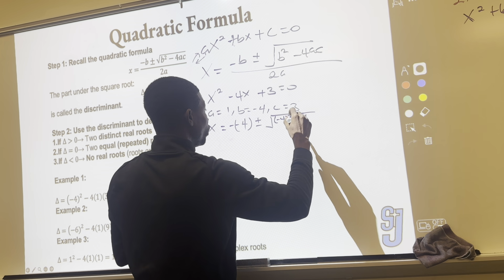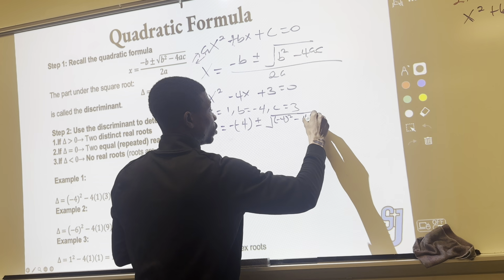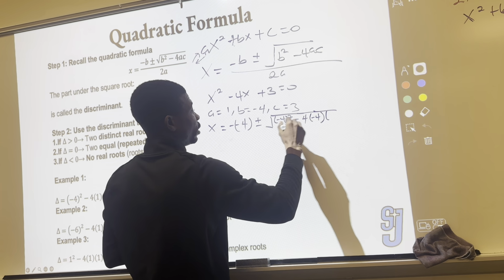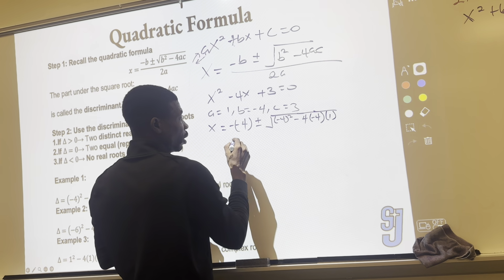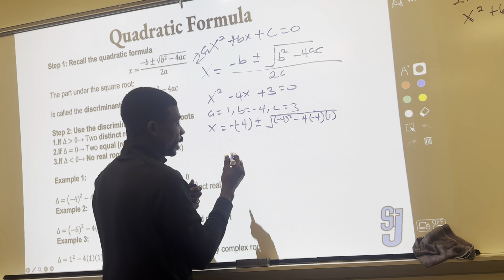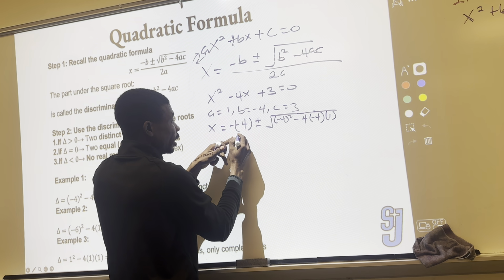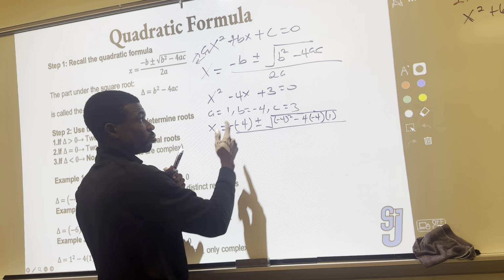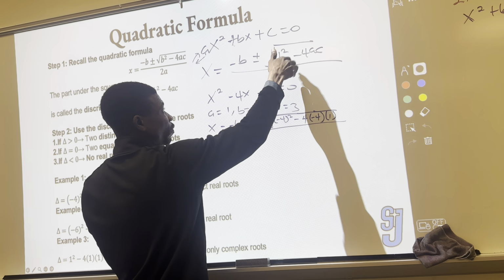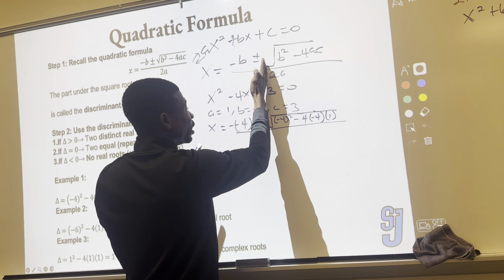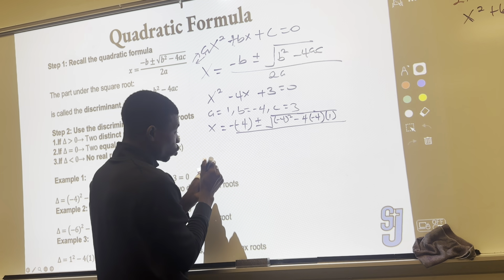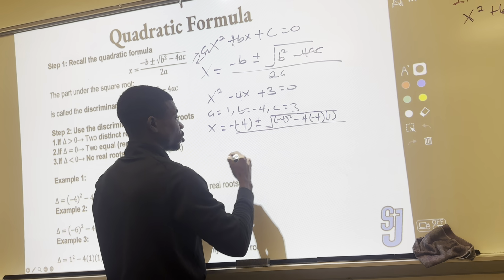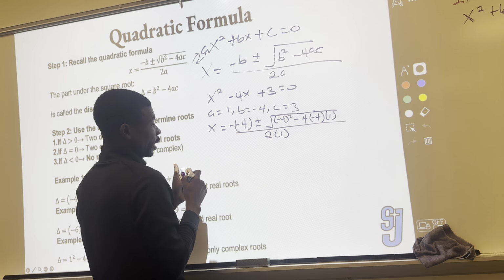Now, most of us make the mistake of putting the 2a only under the root. This 2a is for everything on the right side, not just the one under the root. It's wrong to put it just there. You always have to show that it's for everything on the right side. So 2 times 1, which is the a.